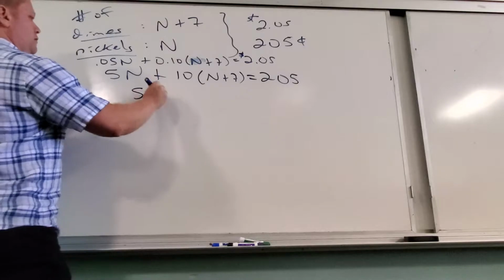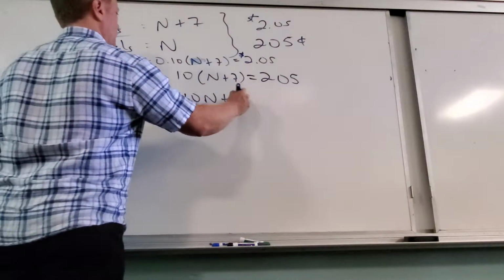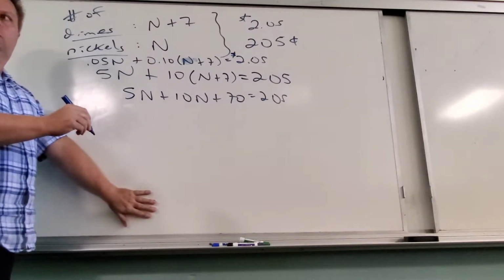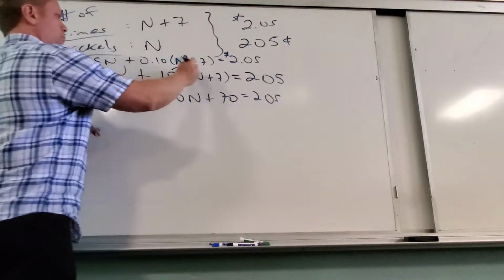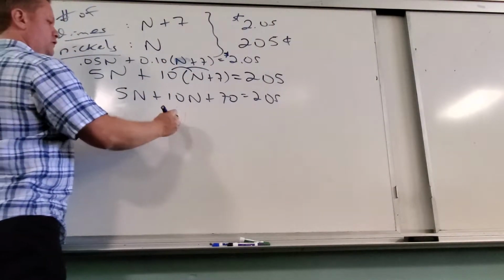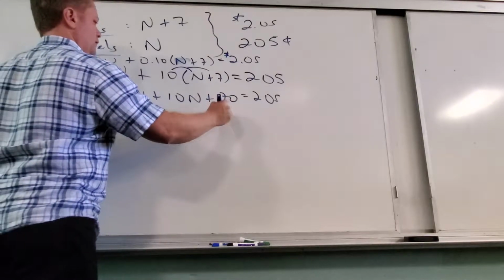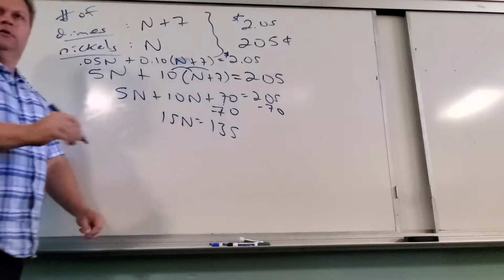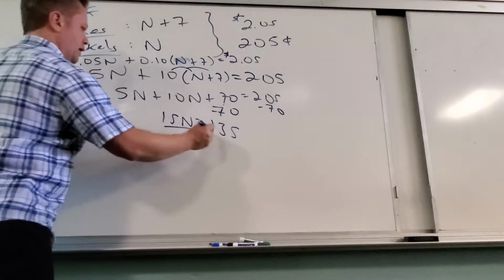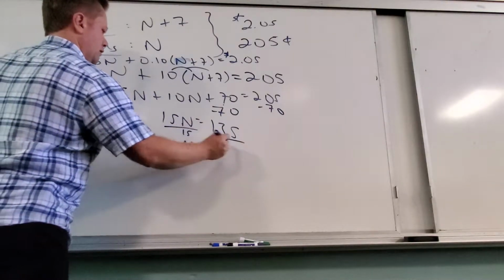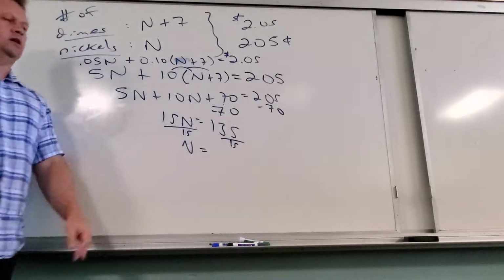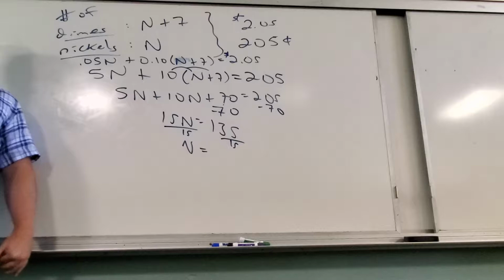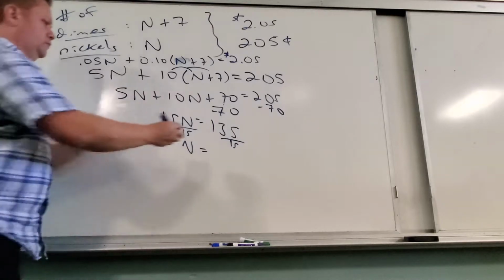So I get 5n plus 10n plus 70, right? Distribute, bam, bam. So you get 15n, I can subtract 70, equals 135. Okay, that's right. And thankfully 15 goes into that. And n is 9.